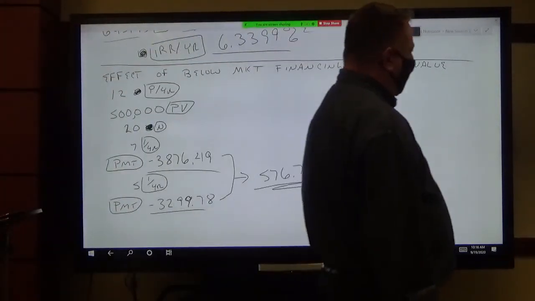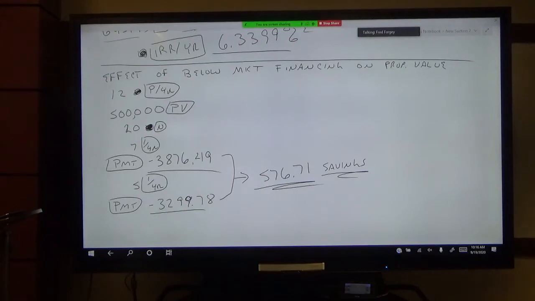All right, so everybody can see that by me offering you this lower interest rate, I'm saving you $576.71 a month for the next 20 years. Yes? Yep. Okay. So just for fun, 20 years times 12 is what? 240 payments, correct? Yep.